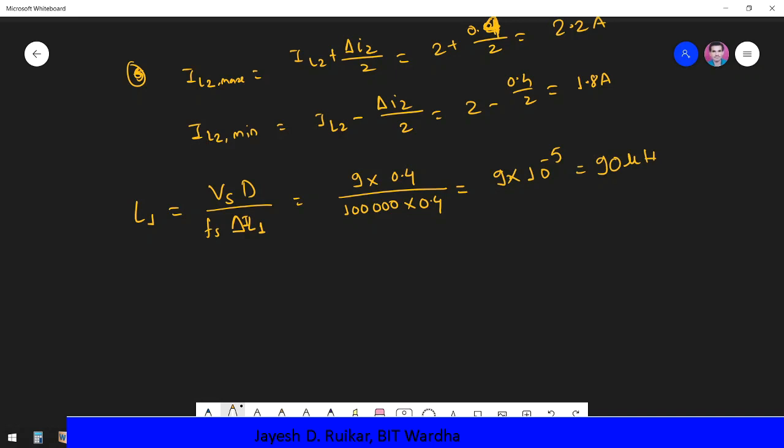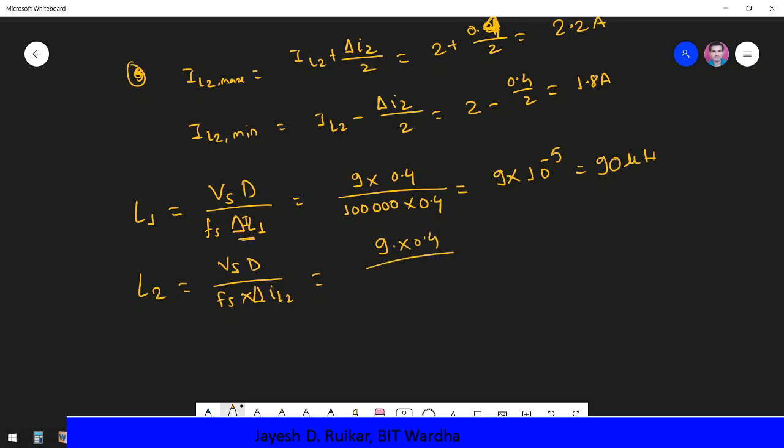We can calculate the value of L2 again with the same formula, only the change is in this term: Vs D divided by Fs into delta IL2. We know that 9 into 0.4 is there, and then the Fs value.